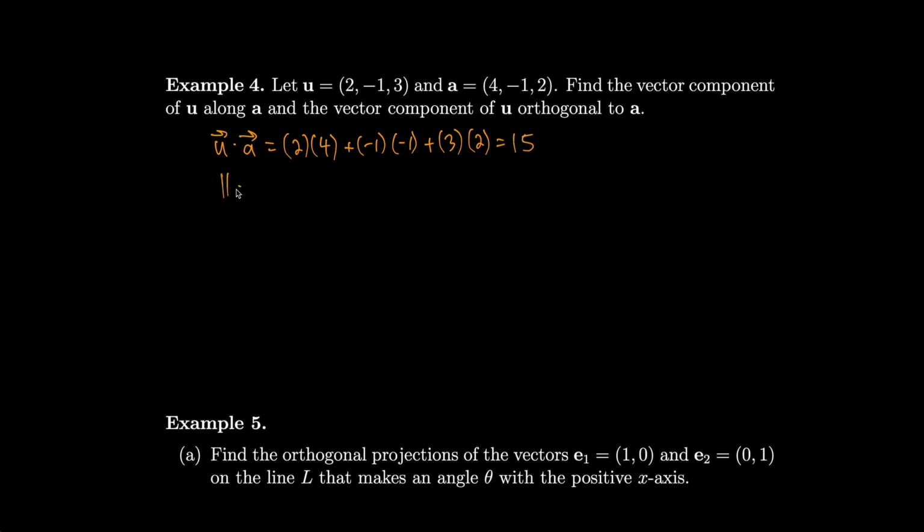The length of A squared is equal to 4 squared plus -1 squared plus 2 squared, which is 21.